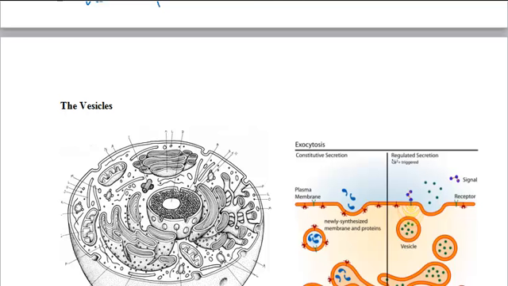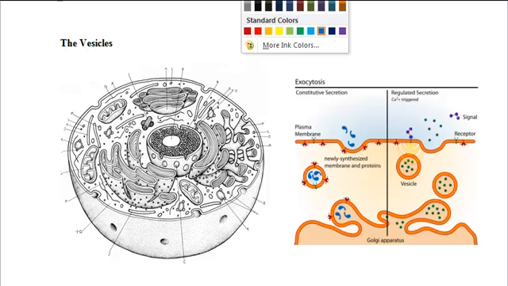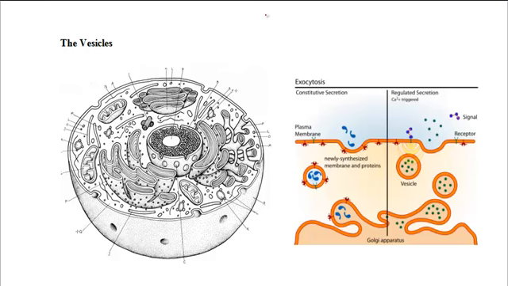Next, we're going to take a closer look at these vesicles. So, in this diagram, vesicles are really quite difficult to see. They're the smaller structures, all these little tiny things. This could represent a vesicle, though you'd expect it to be a little more spherical than tube-like. These little guys could represent vesicles. Okay.